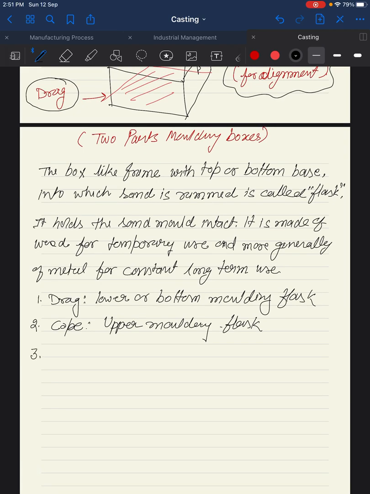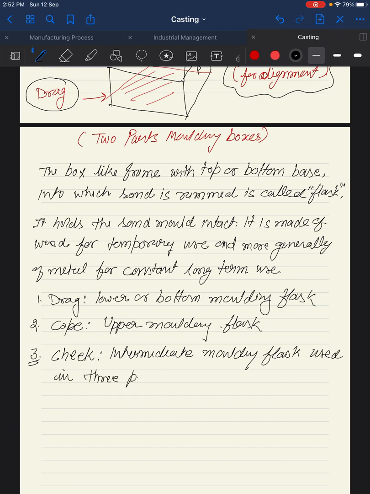And third thing, which is most important, what is cheek? I didn't draw the cheek, but here I am explaining it. Intermediate molding flask used in 3T's molding.